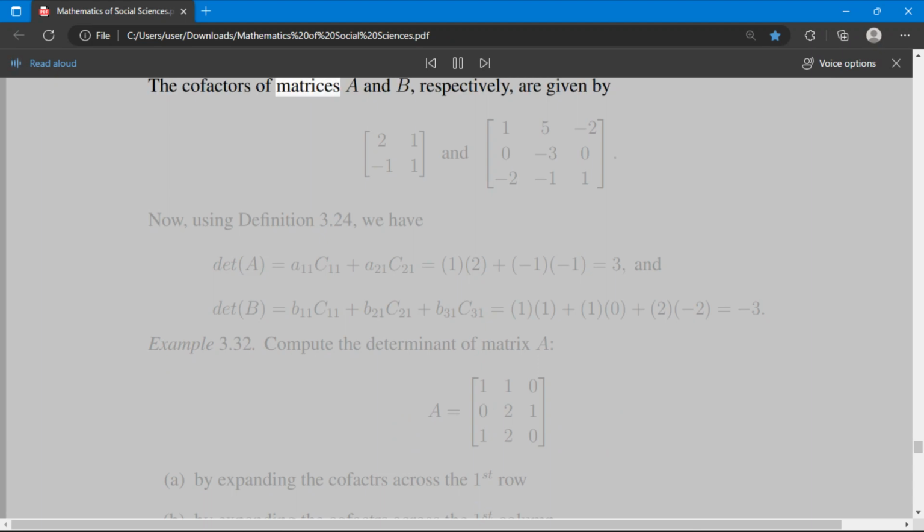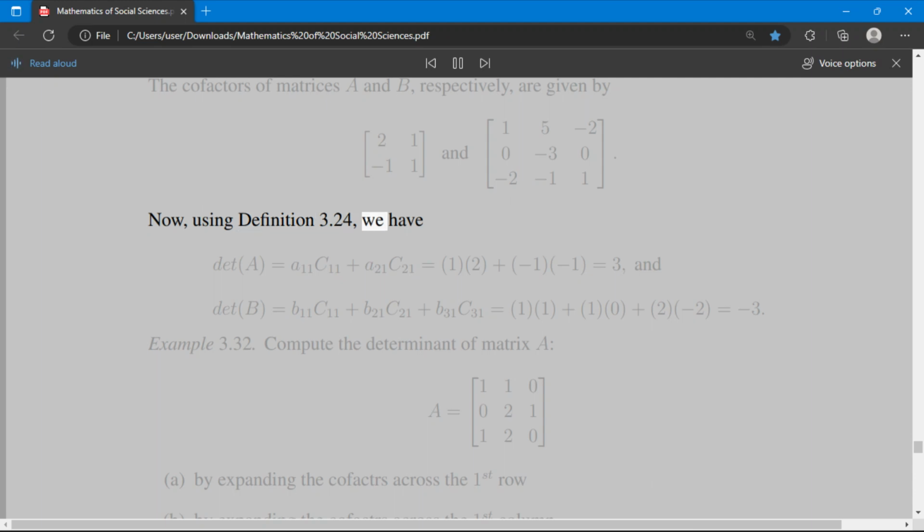The cofactors of matrices A and B, respectively, are given by [2 -1; -1 1] and [1 5 -2; 0 -3 0; -2 -1 1].